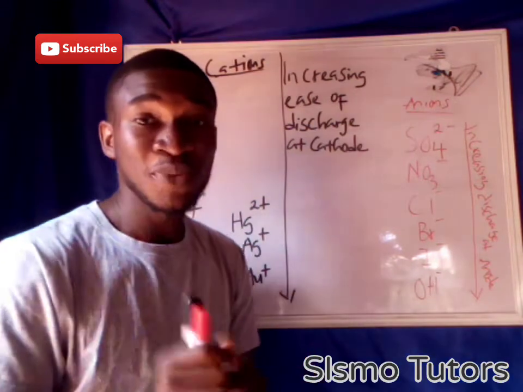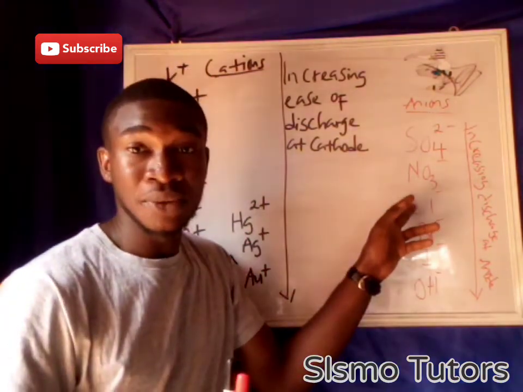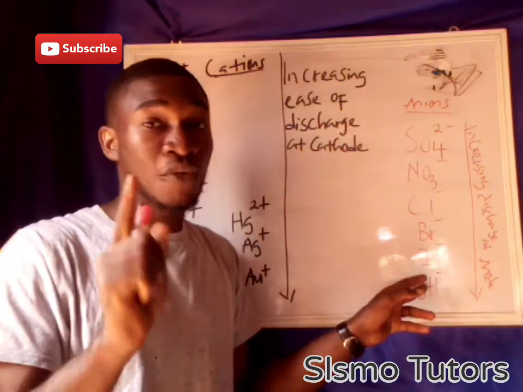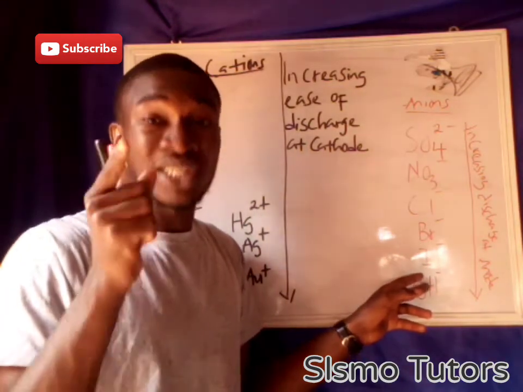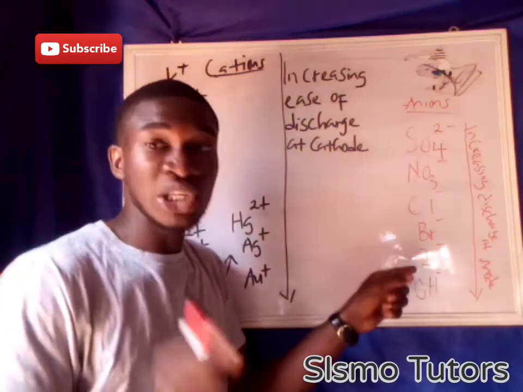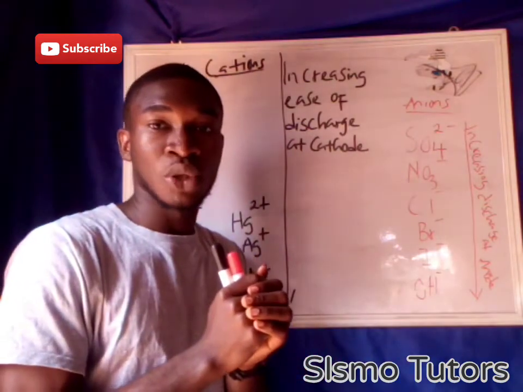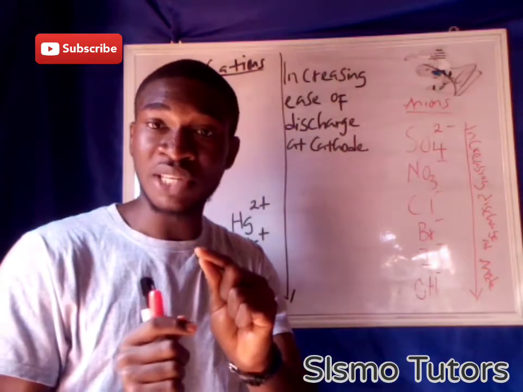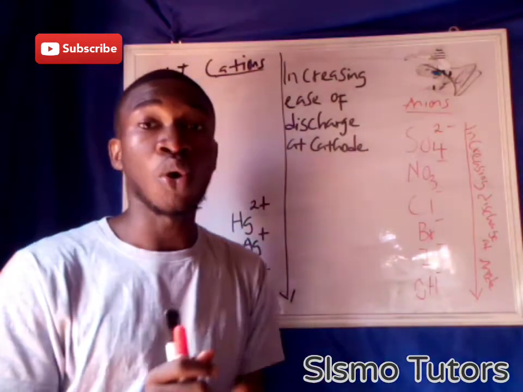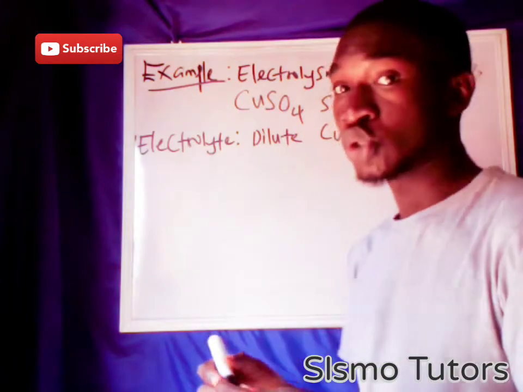In a solution where you have your hydroxide ion and your chloride ion, the hydroxide ion will be discharged at the anode because the hydroxide ion is below the chloride ion in the electrochemical series. So that's exactly what happens. The positions of these ions will determine the one that will be discharged either at the anode or at the cathode.